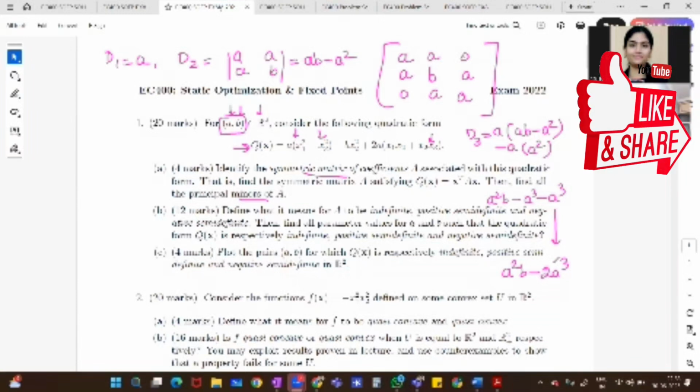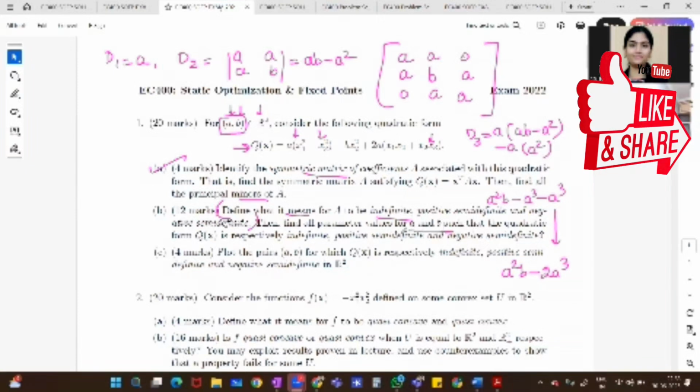D3 is equal to a square B minus 2a cube. Yes. So done. Now they are asking me what it means to be indefinite or semi-definite for a matrix. I'll define that based on the definition.